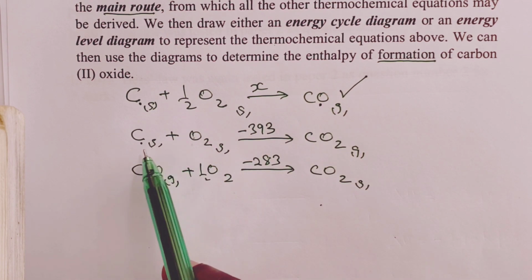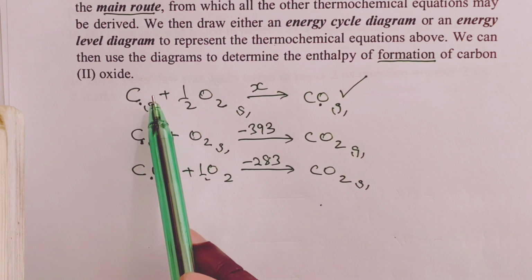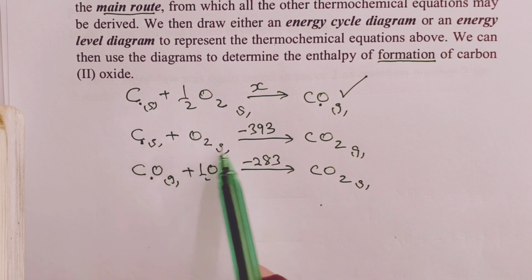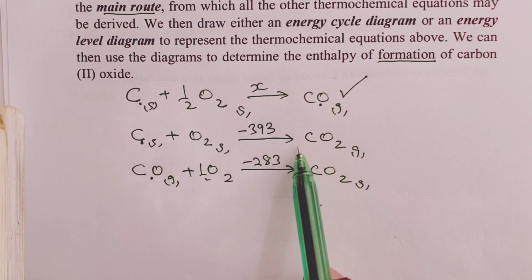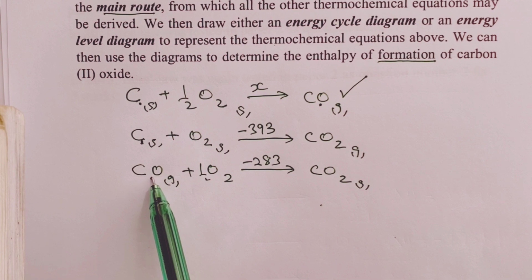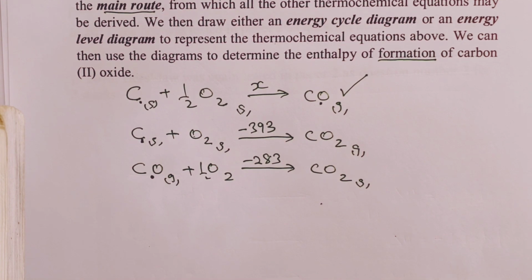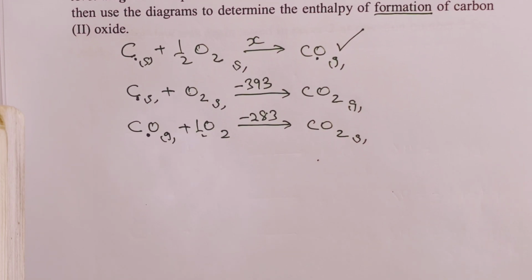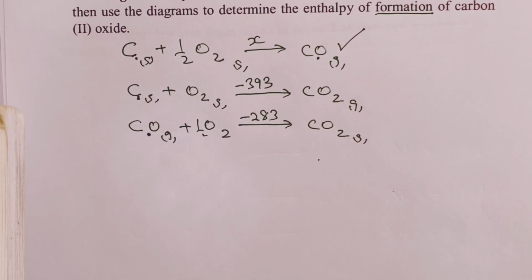If you looked at equation 2, for example, there is carbon, yes, for equation 1, but you don't see any carbon(II) oxide here. So this may not be a main root. The same applies to equation 3.